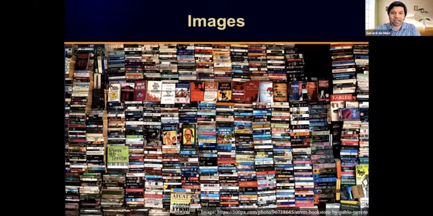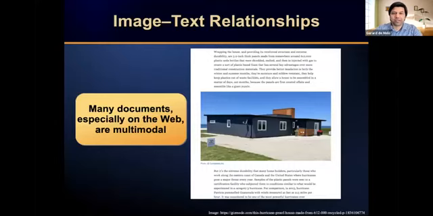And then the other kind of enrichment that you can do, apart from adding emojis to documents automatically, is adding images to documents automatically. And so what we did here is look at the connection between images and the text. Nowadays on the web, pretty much every web page has not just text, but also images.